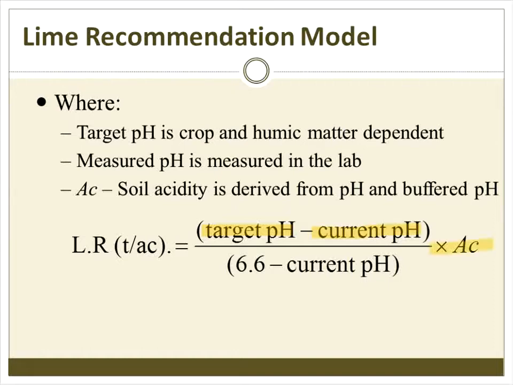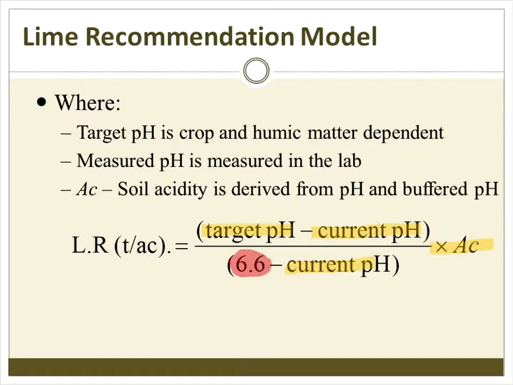This will change because it's a function of cation exchange capacity, how much aluminum and hydrogen are bound up on that cation exchange capacity. This number will change, right? Because it's the same as that current pH and above. The number that will not change is this. This guy right here will never change, and it's because that is a constant in this equation.